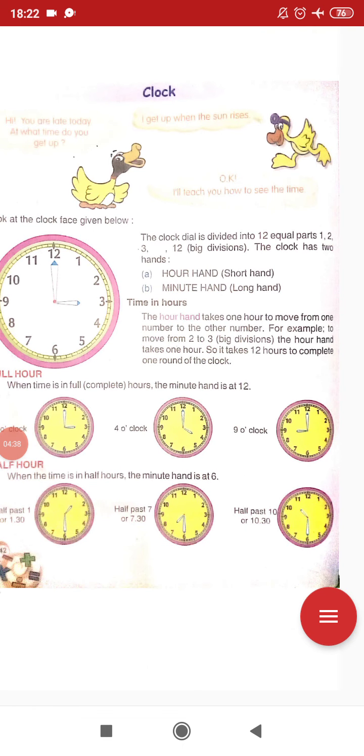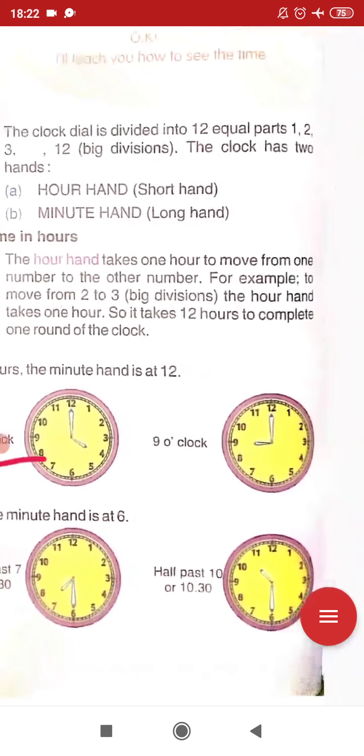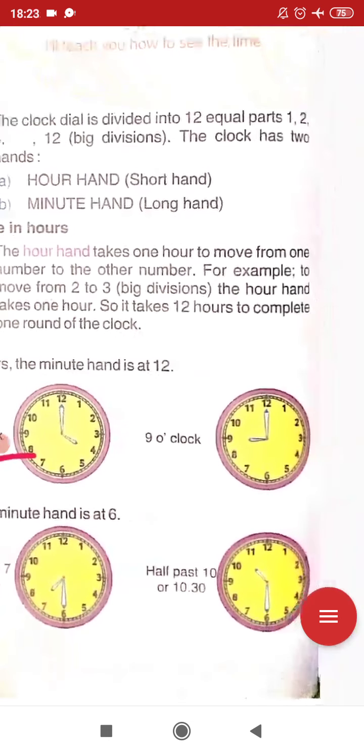In the second picture, the location of hour hand is at 4, and minute hand points at 12. So that means full hour. So full hour means 4 o'clock. Third picture, the hour hand is at 9, minute hand is at 12. So the time is 9 o'clock. Clear?